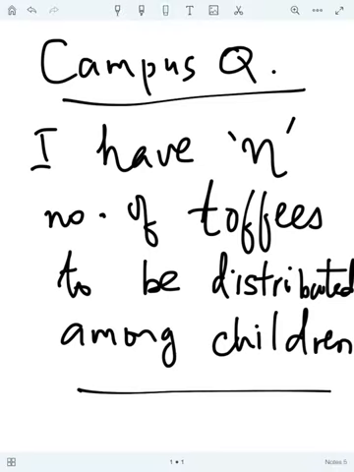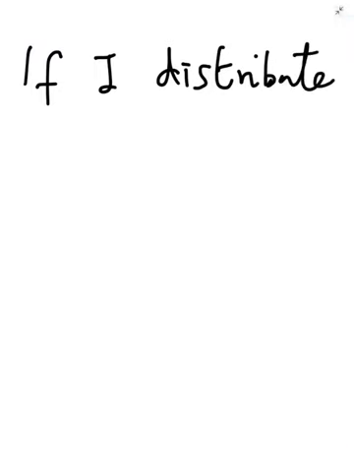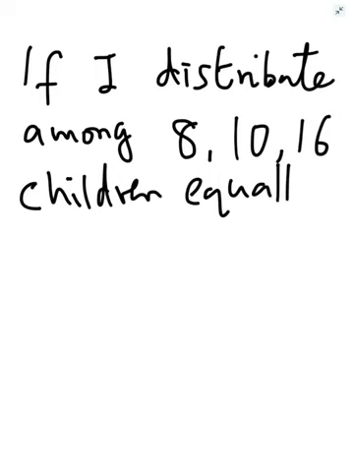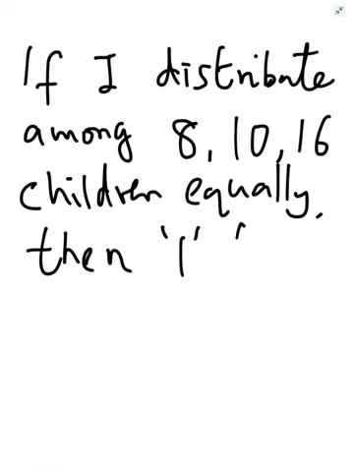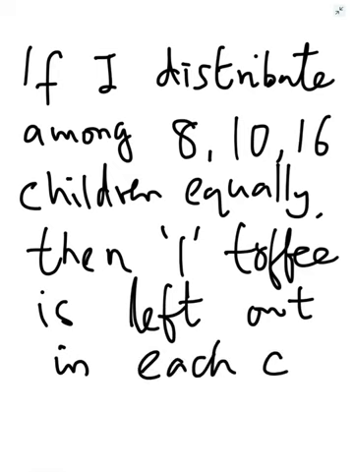Now how to distribute? If I distribute among 8, 10 or 16 children equally, then one toffee is left out in each case.